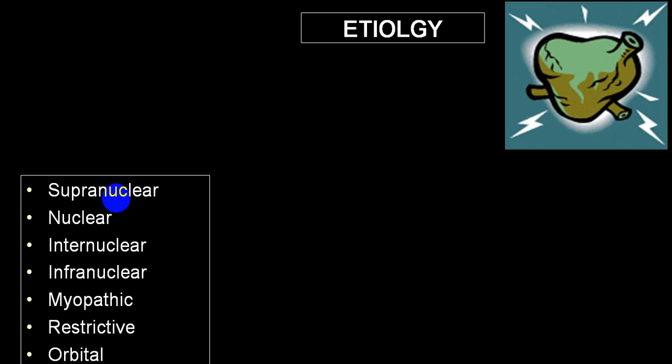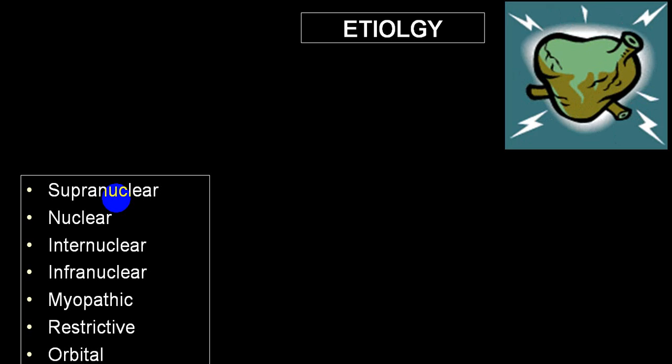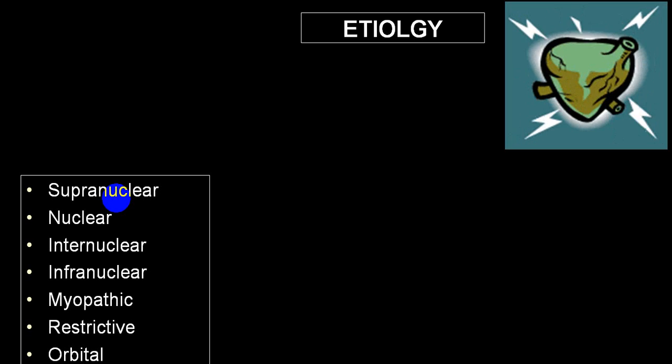If it is infranuclear, means outside the brainstem, or maybe myopathic because of the muscle disorders like myopathy, or maybe because of myasthenia gravis. Restrictive disorders where the eyeball movement is being restricted because of the external compression of the muscles, and maybe because of the defect in the orbit.